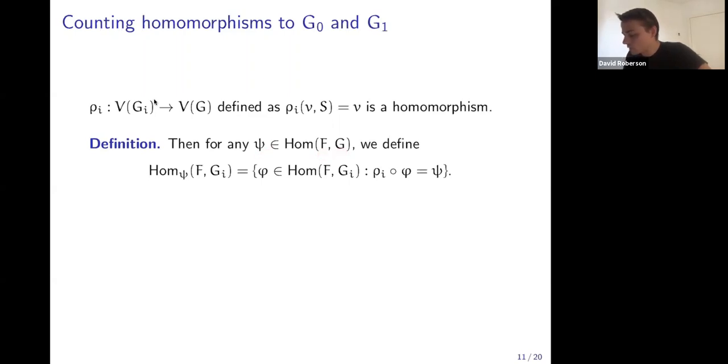And we're going to find this subset of the homomorphisms from F to G sub i, as follows: the homomorphisms from F to G sub i such that if I first apply the homomorphism from F to G sub i, and then apply this homomorphism from G sub i to G, I end up with psi.